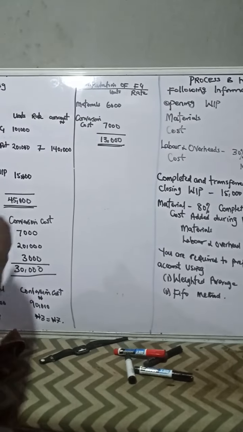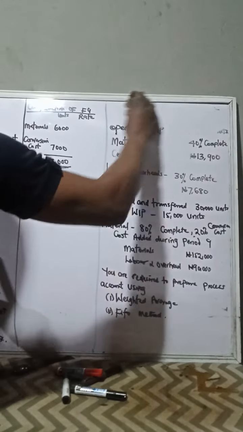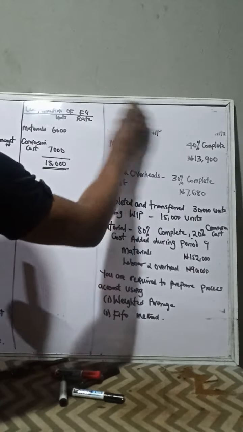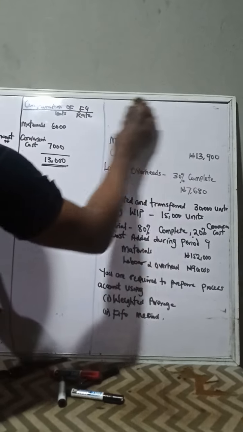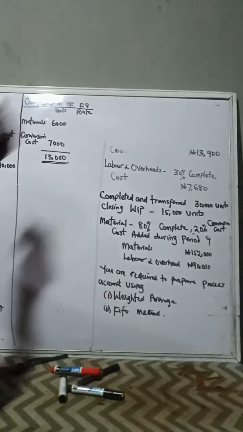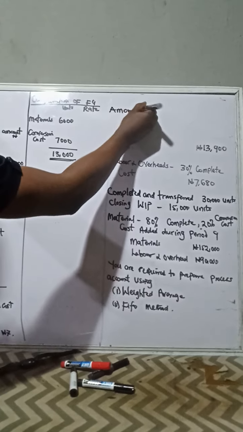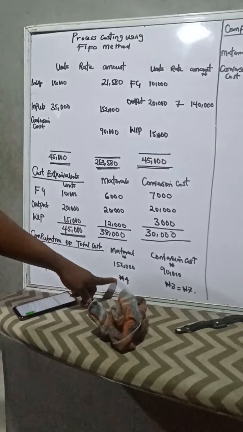My rate. At this point, let me make adjustments to this. So I'll bring in my rate, then here I'll bring in the amount. For material, what is the rate? With the new rate, it is 4 naira.